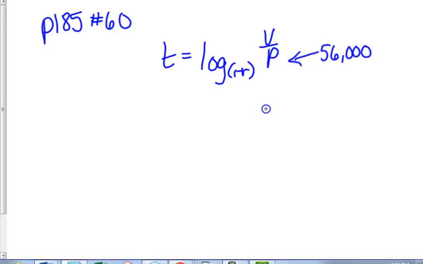Present value V and annual rate of depreciation is R. If the truck's present value is 40,000, sorry, for part A, that would go up there.